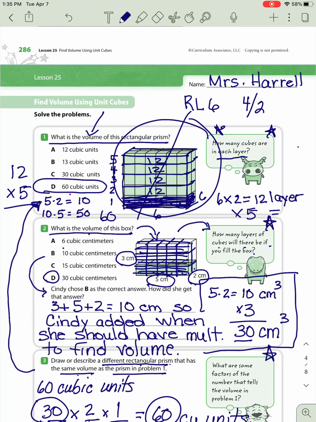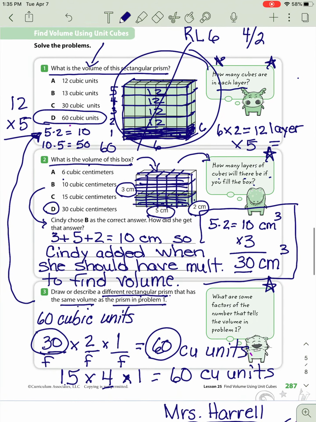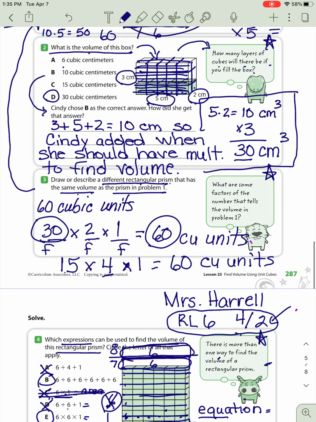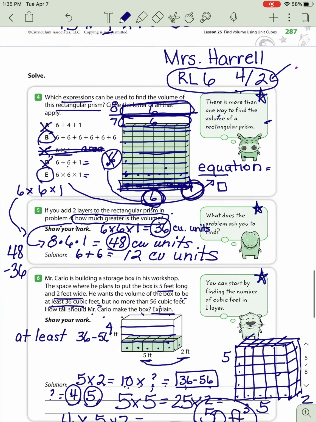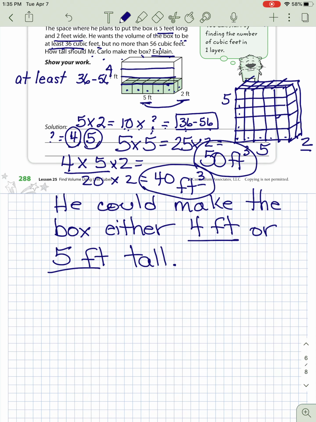Understanding how to label a cube or label with volume. Okay? So hopefully this helped you out a little bit, and those are some really solid, important things for you to understand before we begin lesson 26 tomorrow.